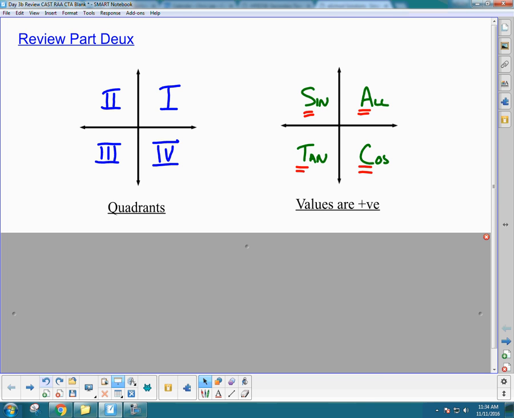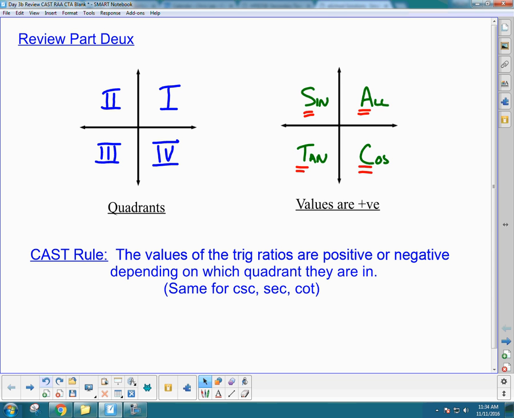Okay. Remember that the cast rule then shows you all the spots where the values of those trig ratios are going to be positive or negative depending on which quadrant. So the cast rule will tell you the ones that are positive. So if it's positive, that means the other two must be negative. So then I can ask a question as you're finishing copying that down.